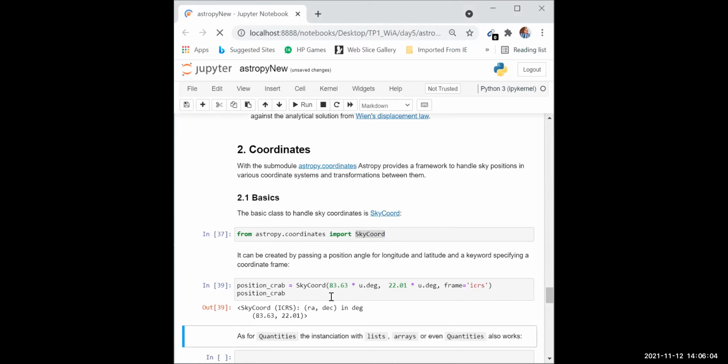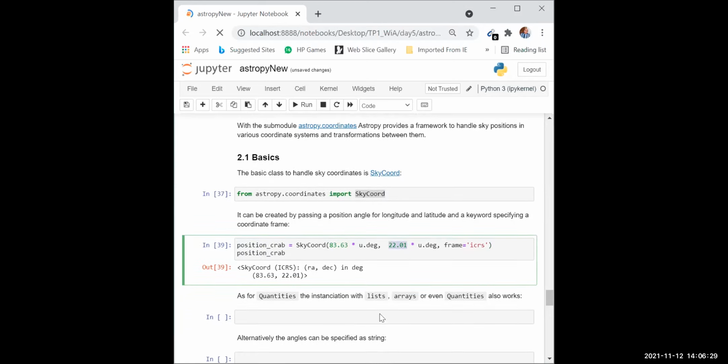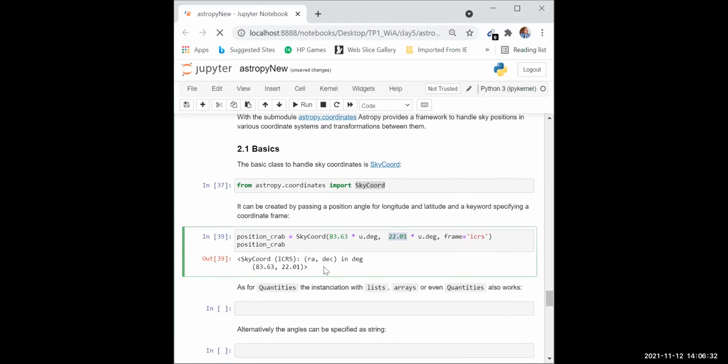So it's storing the location of this variable, which I'm calling crab. These values are taken from the net, the right ascension and declination of the Crab Nebula, and I'm using this ICRS, so right ascension and declination. So these values are now stored in right ascension and declination.